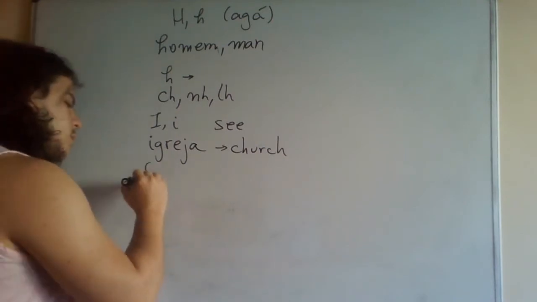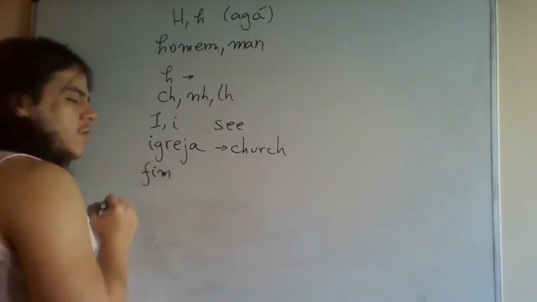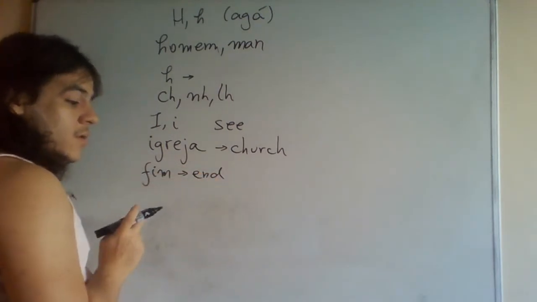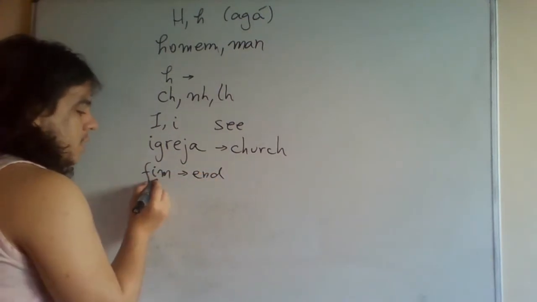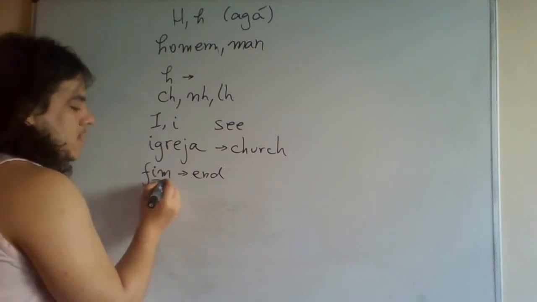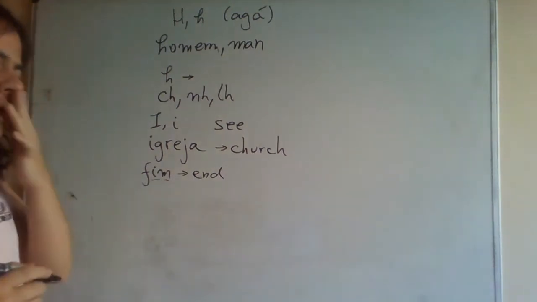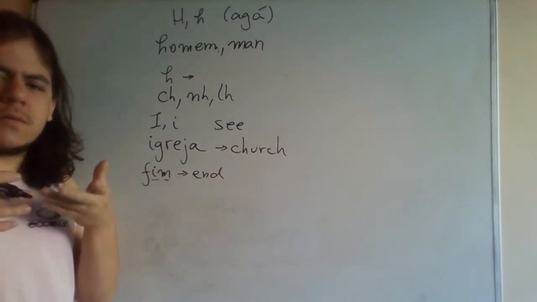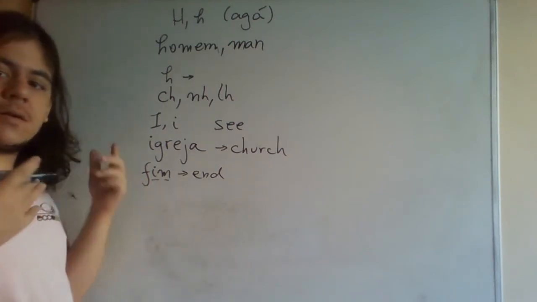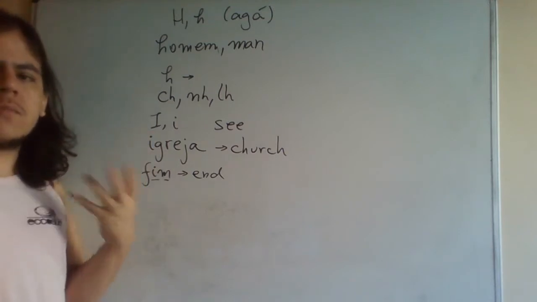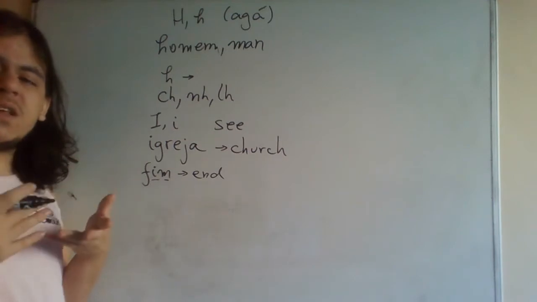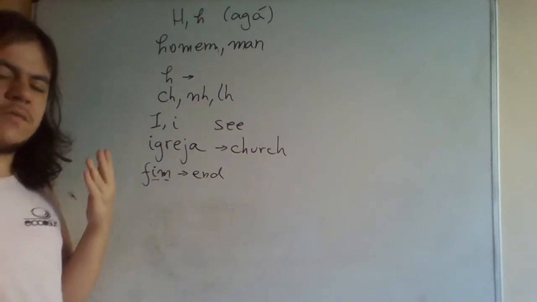For example, fim, it means end. Fim. So letter I, before letter M, has a nasal sound. In, fim. So it's different. Igreja, a normal sound, open sound. Fim, nasal sound. In, fim.